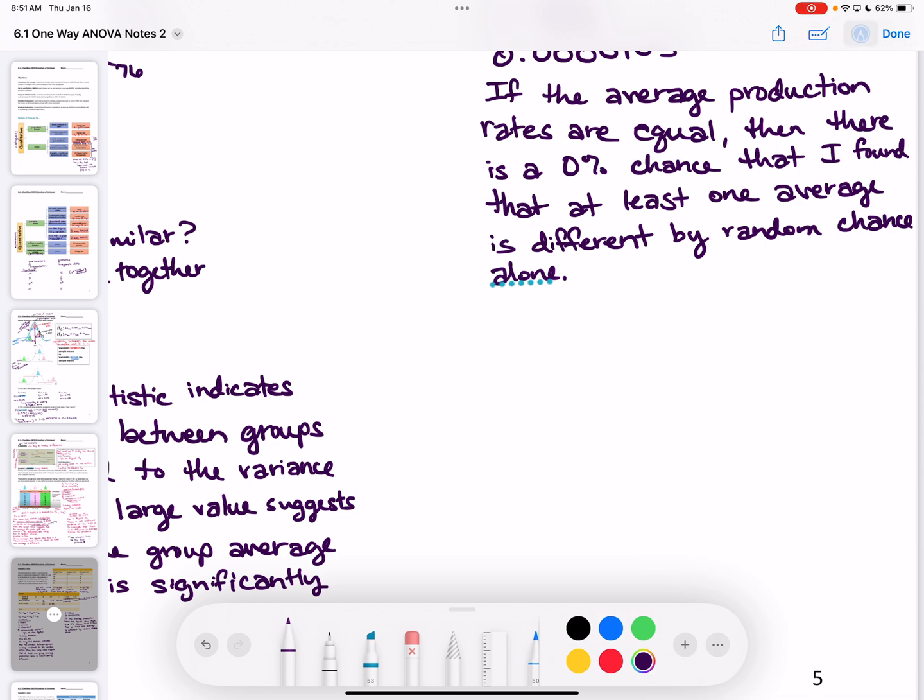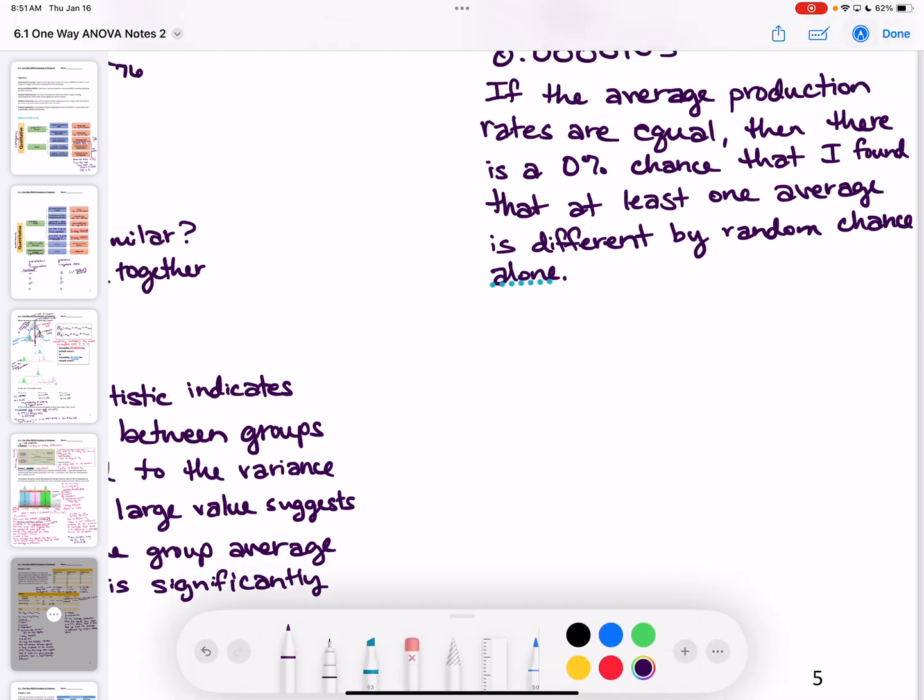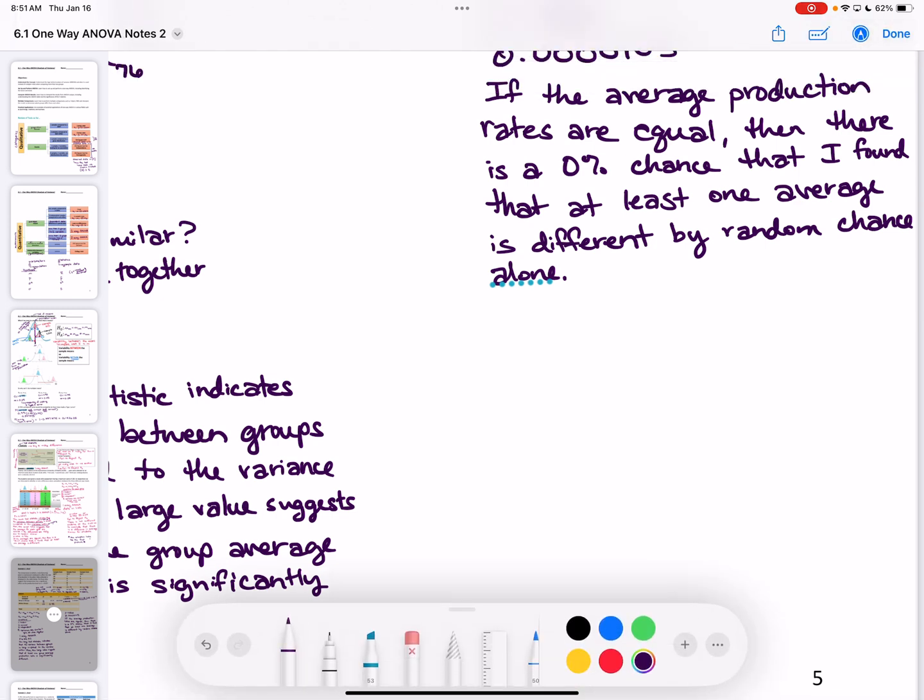Okay, and now I'm going to compare it to alpha. Good job. 0.000105 compared to alpha 0.05. That P is low, less than alpha. So we're going to reject. Okay.